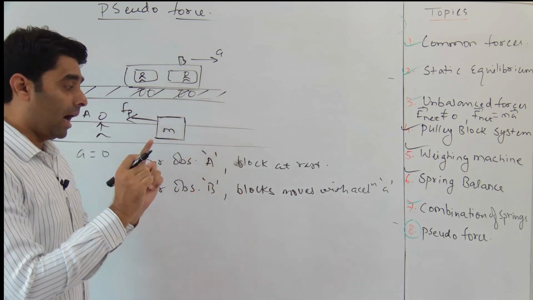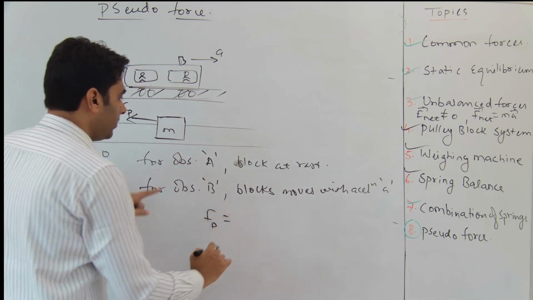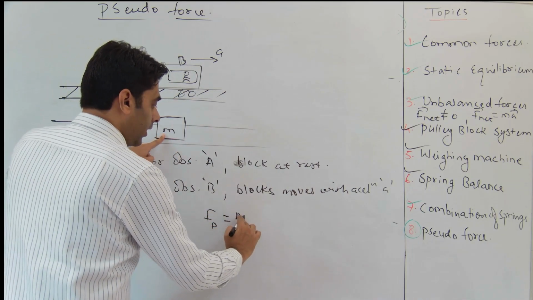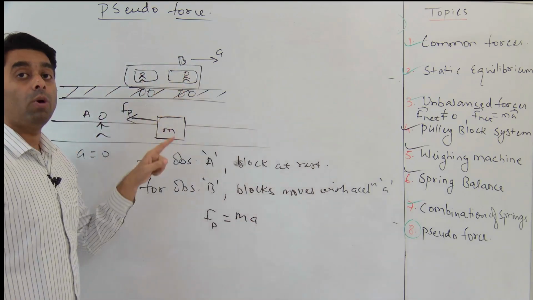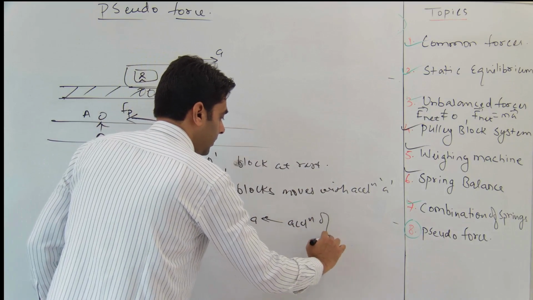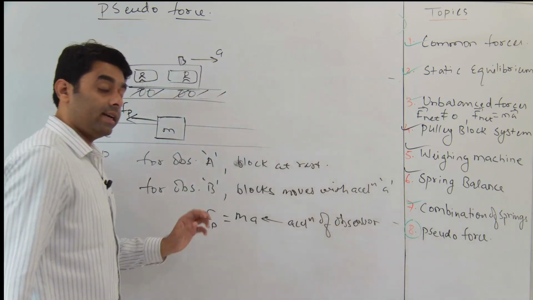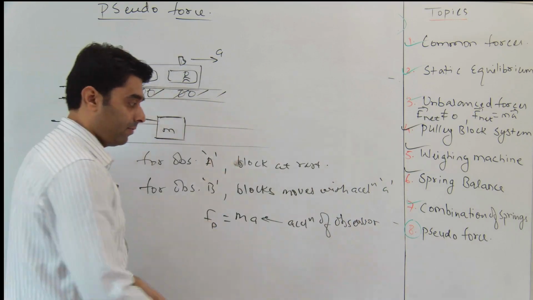And how much is the magnitude of this pseudo force? Force pseudo magnitude will be the mass of the block times the acceleration of the observer. This A is the acceleration of the observer, or we also say the acceleration of the accelerated frame.